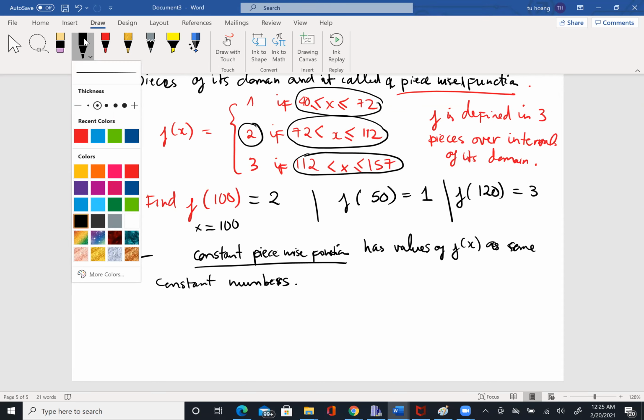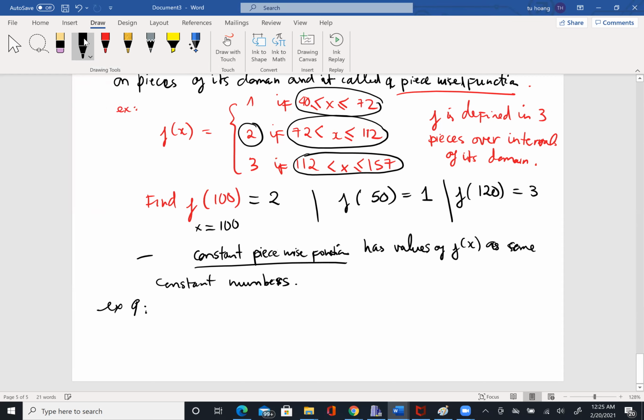What about, say, example 9? What about f of x equal to x minus 1 if x is between negative 4 and 2, where negative 4 is included, and f of x equal to negative 2x if 2 is less than or equal to x less than or equal to 4.